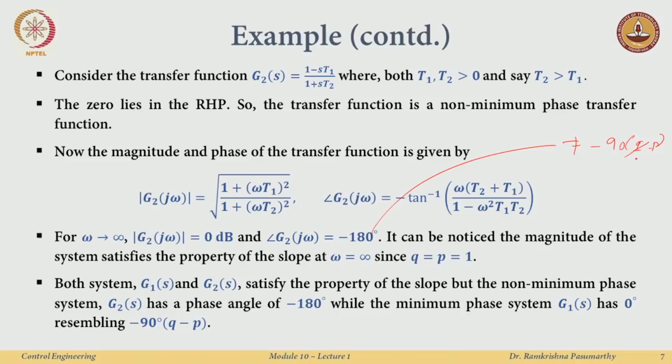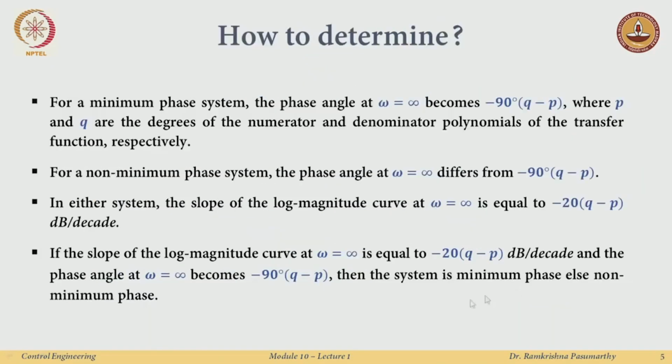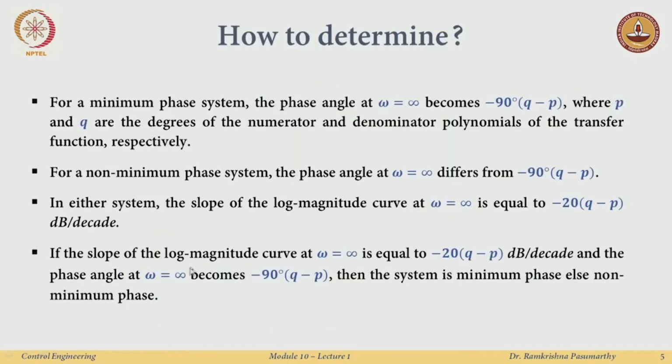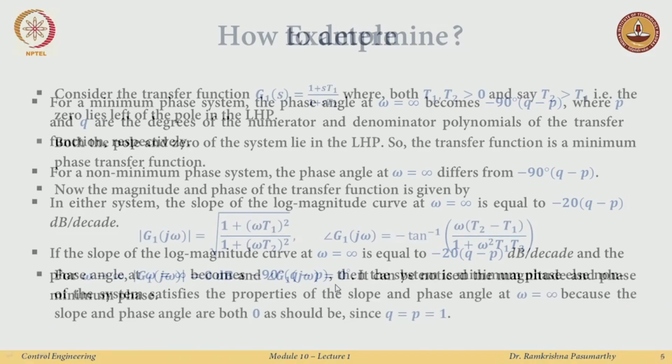Q minus p in our case is 0, therefore, this angle, if it is a minimum phase system, should also be 0. And since this does not hold, we say that the system is a non-minimum phase, right, from these two conditions. Sorry, this condition is satisfied trivially, but this condition is not satisfied.